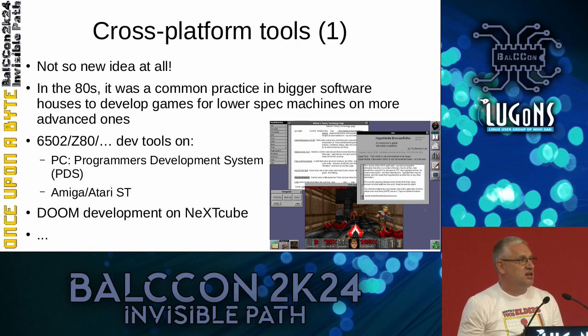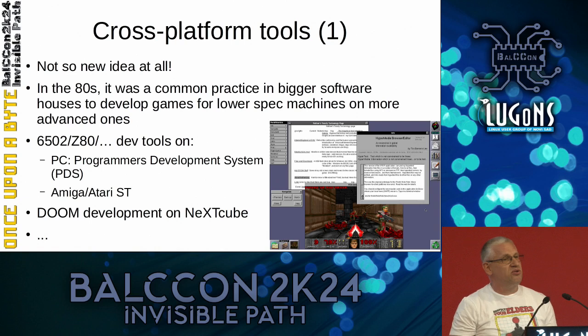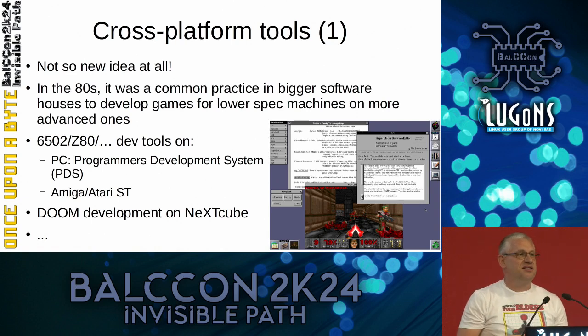It was used even in the 80s when software houses, or software companies, they were called software houses at the time, developed, for example, games for Commodore 64 and ZX Spectrum on much stronger machines like PCs, like Atari STs, Amigas, and so on.